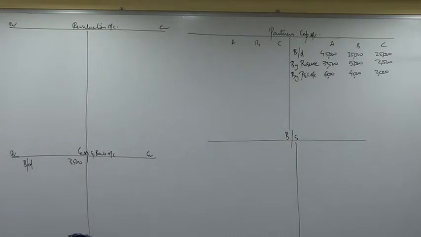Now read the adjustments agreed. C retires on that date subject to following conditions. Goodwill of the firm is to be valued at rupees 36,000. Now see the old profit sharing ratio given to you, 3:2:1. And what is the new profit sharing ratio agreed between the partners?